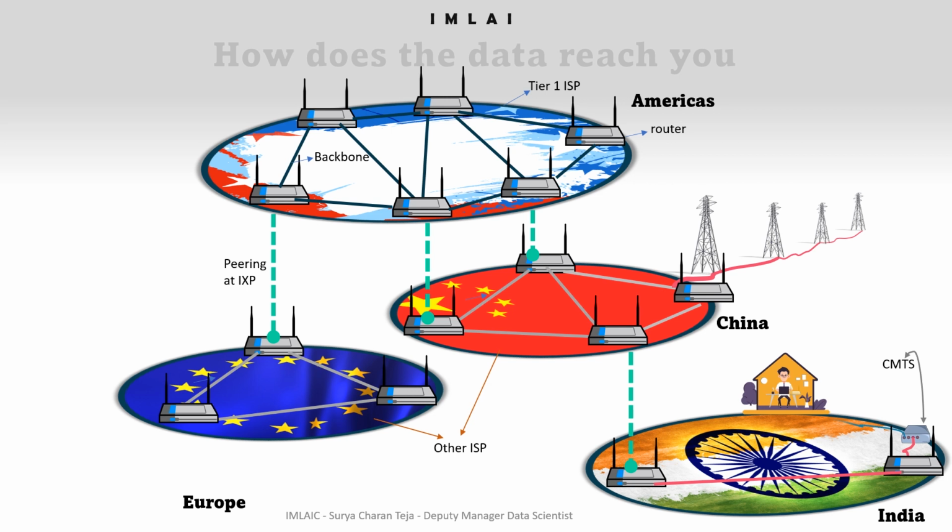The device at the home end is called a cable modem, and the device at the cable head end is called CMTS, cable modem termination system.